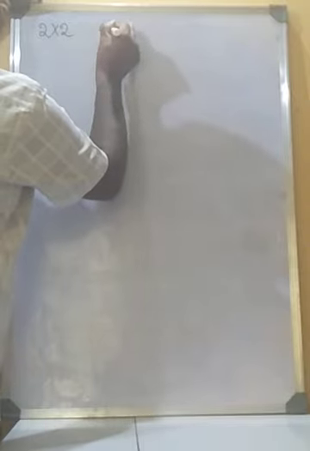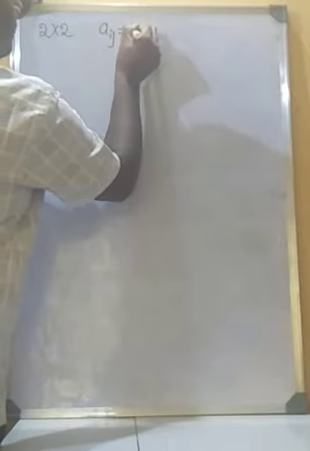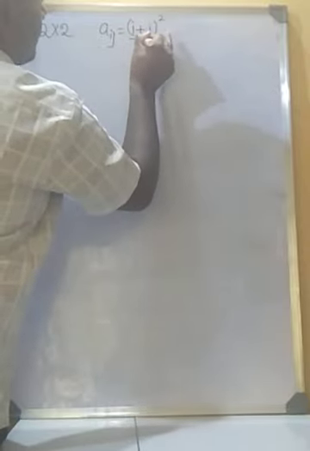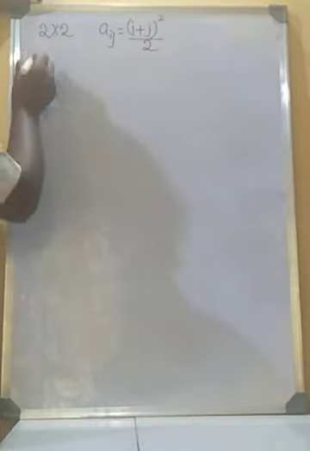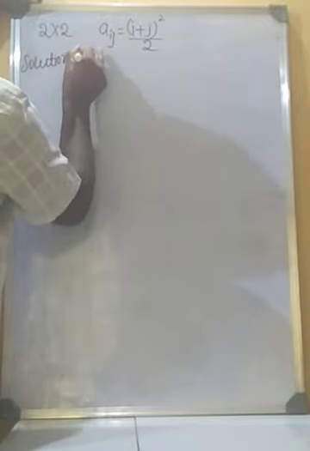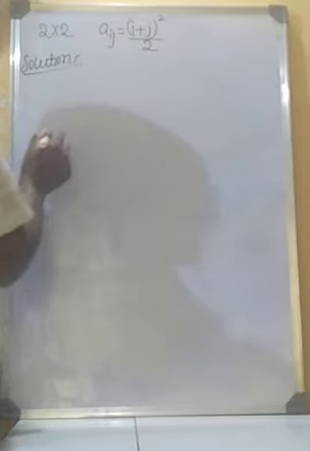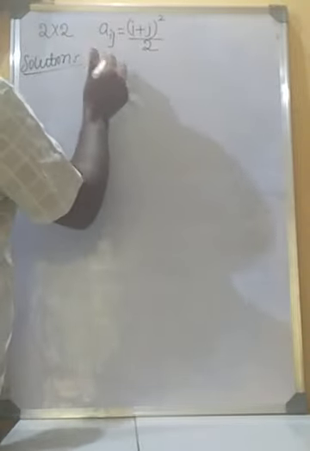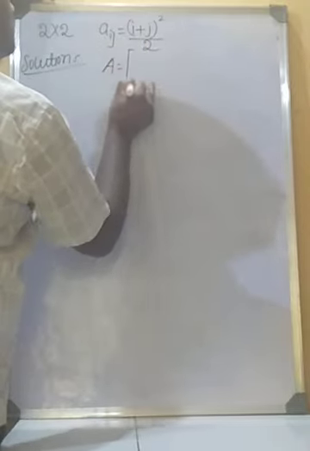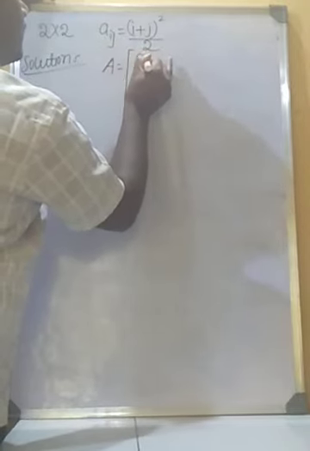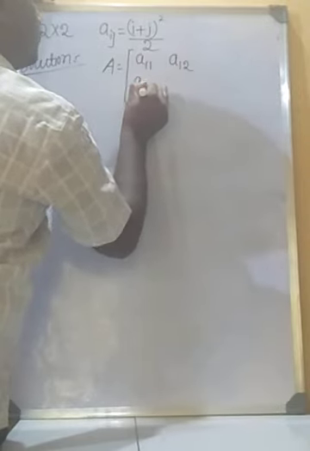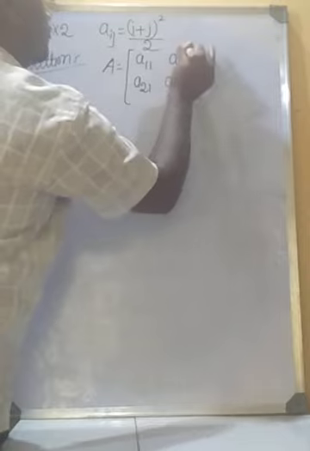Aij is equal to (i plus j) whole square divided by 2. Solution: in general, a 2 cross 2 matrix is given by A equal to the matrix A11, A12, A21, A22.